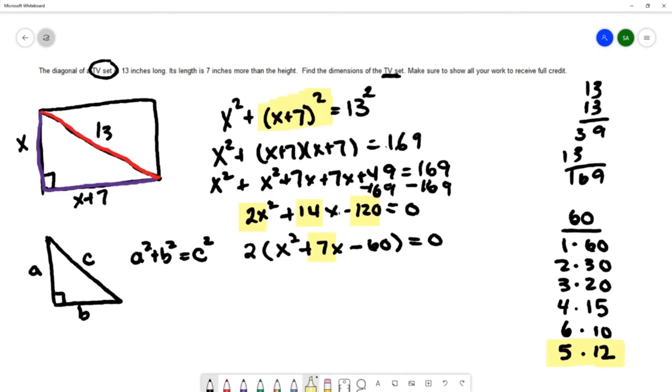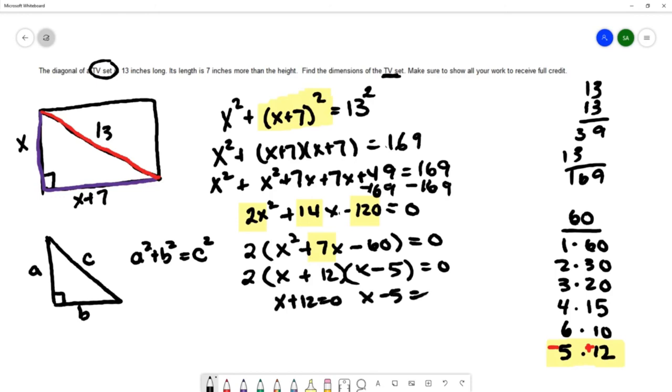So I would need the 12 to be positive and the 5 to be negative in order to get a positive 7 in the middle. So this would factor to x and x, 12 and 5, with a minus on the 5 and a plus on the 12. We're going to set each factor equal to 0. That's x equals negative 12 and x equals 5.